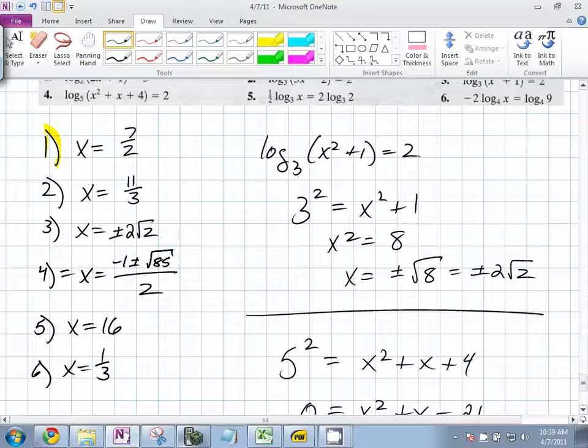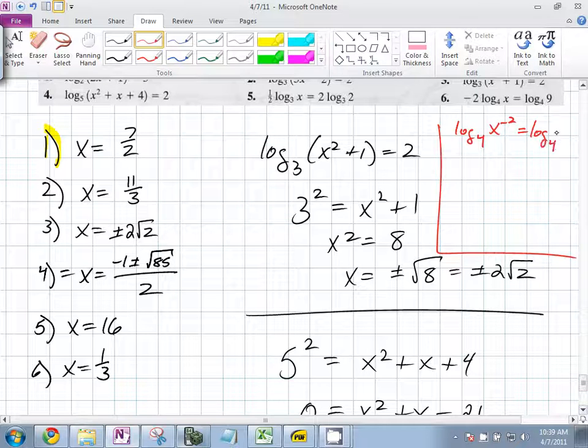So I'll do this nice and tiny right here. That's log base 4 of x to the negative 2 is equal to log base 4 of 9, which is 3 squared. So you have x to the negative 2 is equal to 3 squared. Now, you could turn this into a fraction and cross multiply, or you could do the most direct thing, which is you need to turn that negative 2 into what power?